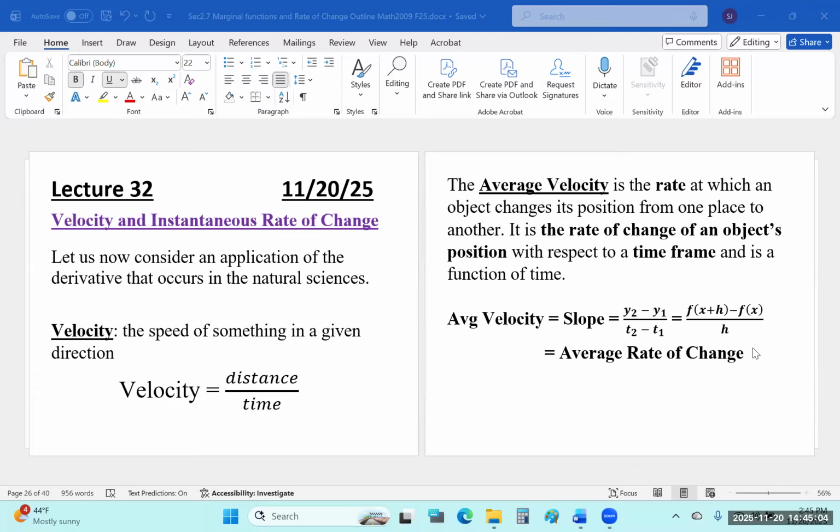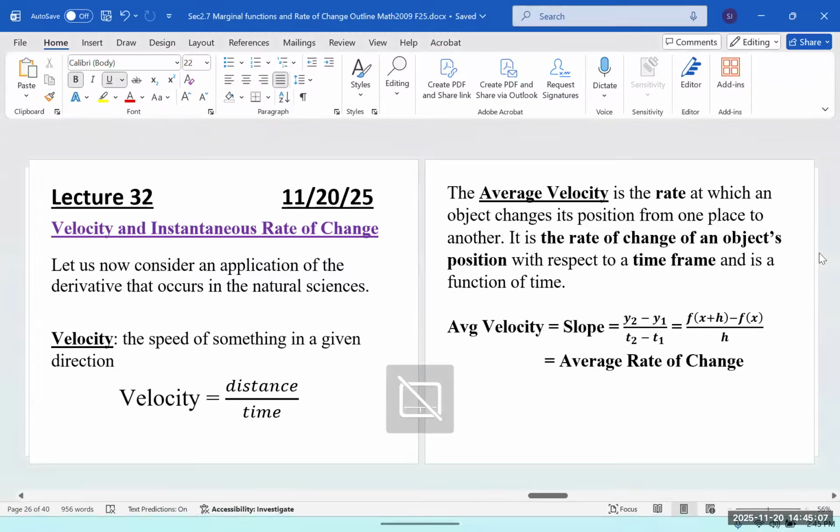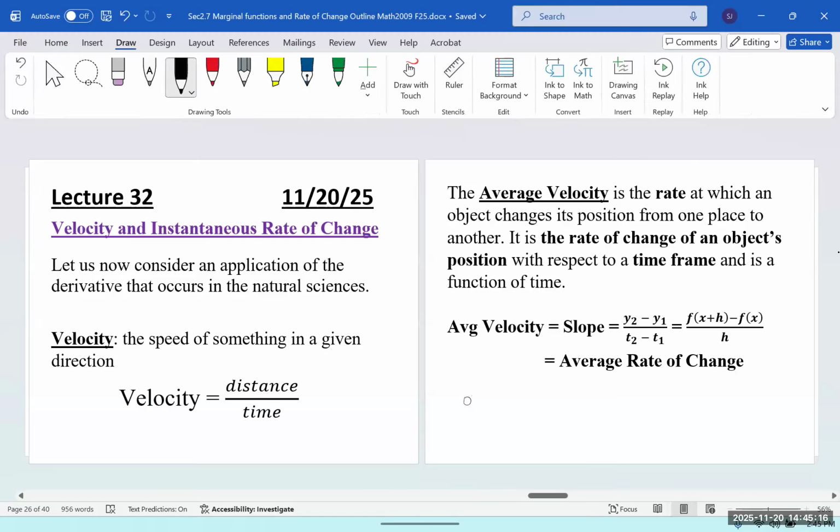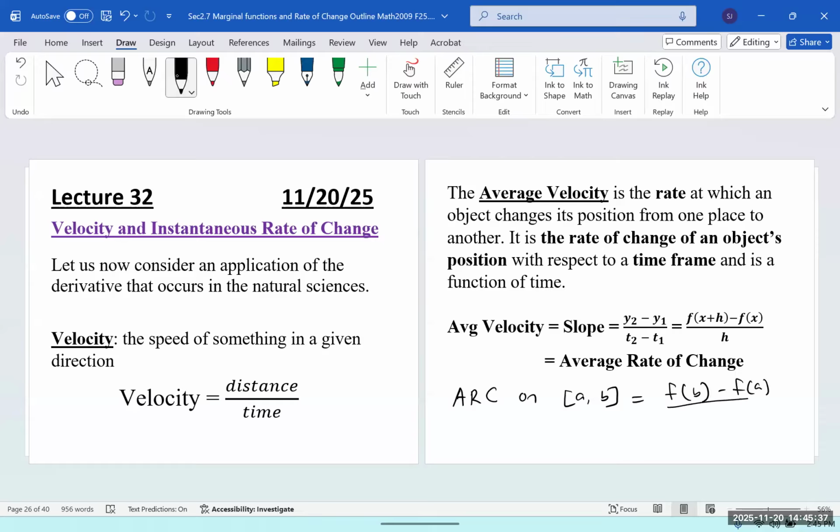If you are taking the average rate of change on an interval, let's say from A to B, this is the same as f of B minus f of A divided by B minus A. This is the same as y2 minus y1 over x2 minus x1.